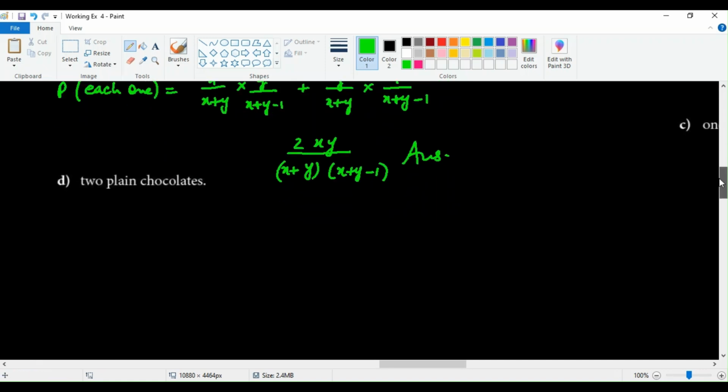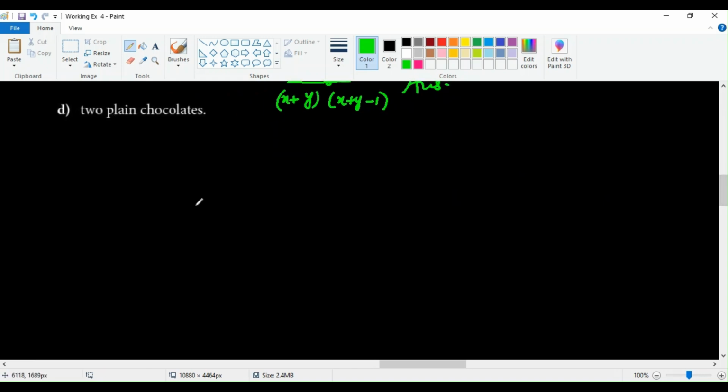Now comes two plain chocolates. For this one, I will write something like this: two plain, I'm writing in a short, equals y over x plus y multiplied by y minus 1 over x plus y minus 1.